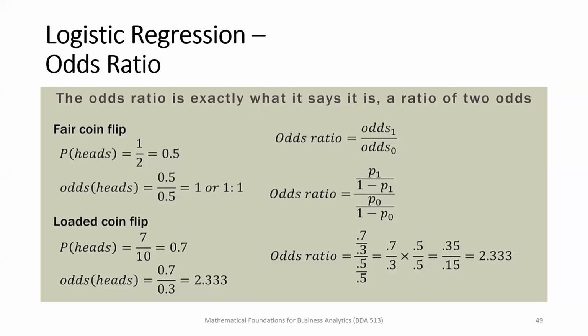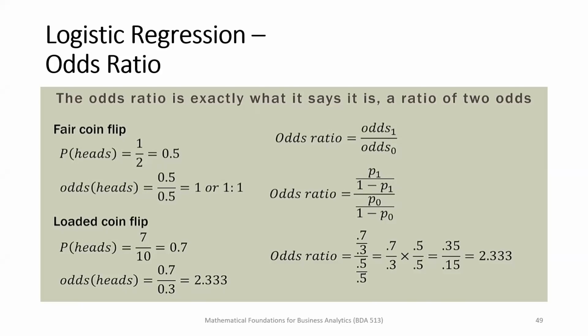So if we want the odds ratio, it is the odds of the loaded coin and then the odds of the fair coin, which gives us 2.33. Remember, it is just a ratio, so you can do it whichever way.